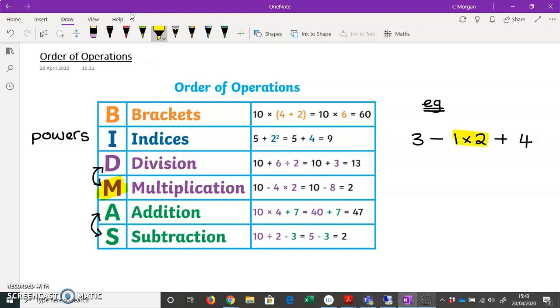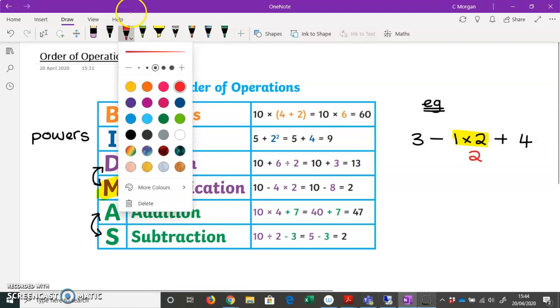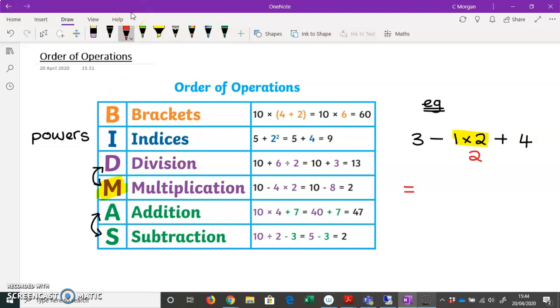So I've looked down my list and I can see that I have to multiply before I add or subtract. Addition and subtraction can be a little bit complicated depending on the order, so I would recommend you always work from left to right in the order that's given. So 3 subtract 2 is 1, and then I've got to add 4, and my answer is 5.